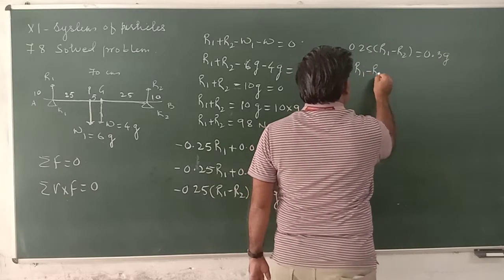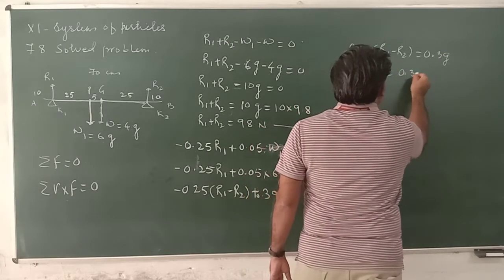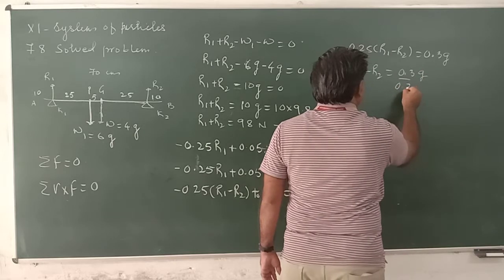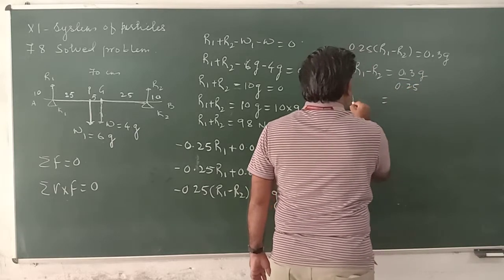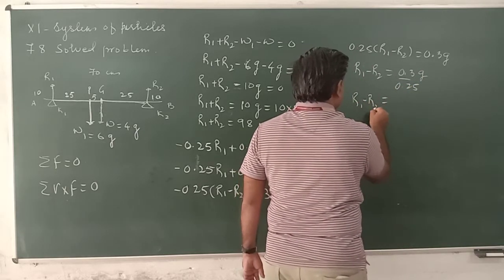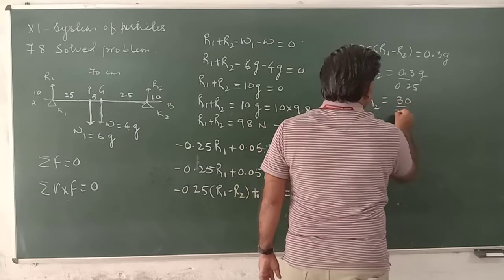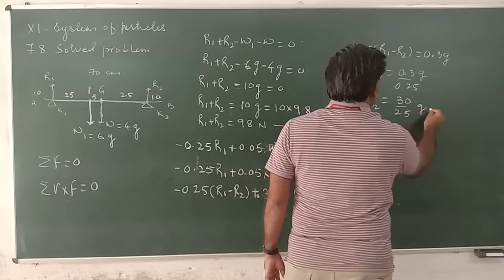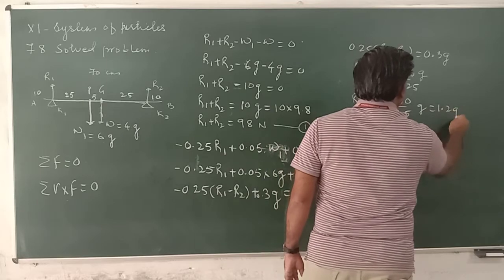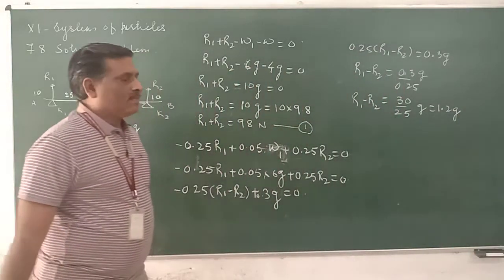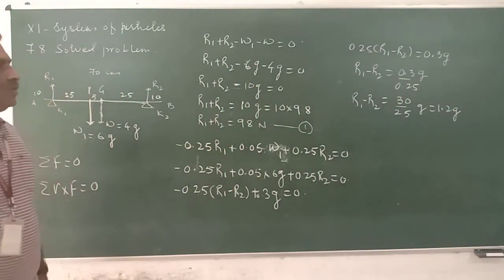R1 minus R2 is equal to 0.3 by 0.25 times g, which is nothing but 1.2g.